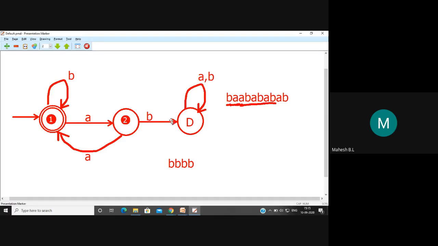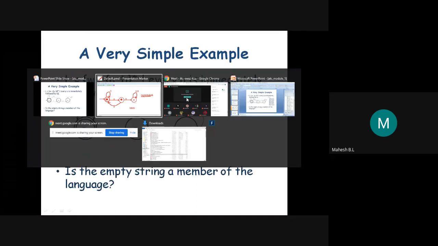That's why we make a transition to the dead state. Is it clear? According to the language, every A region must be of even length, but here we encountered a situation where after one A we have a B, so it is impossible for that string to be a part of the language. That's why in such a case we make a transition to the dead state.